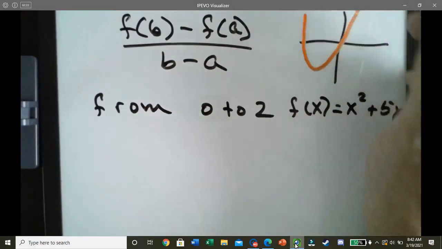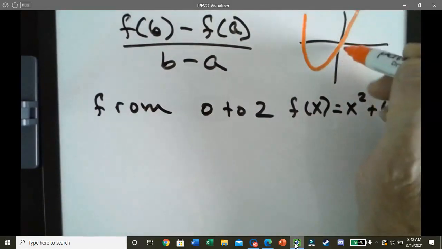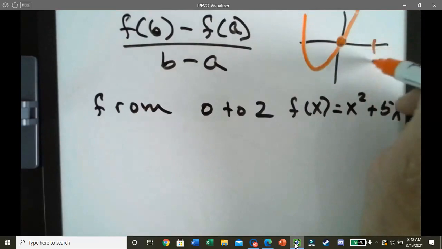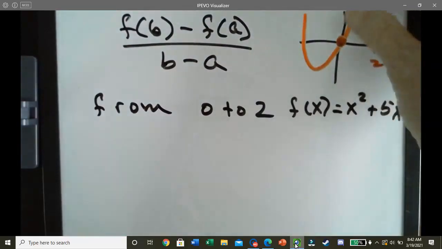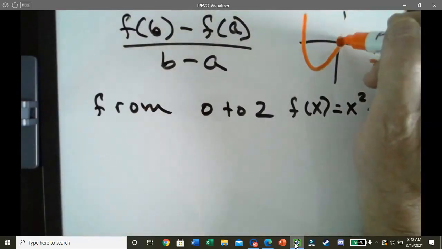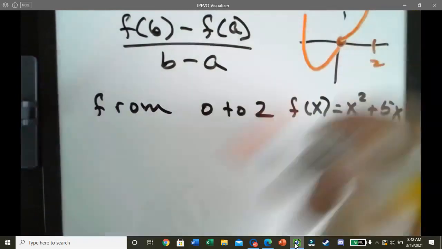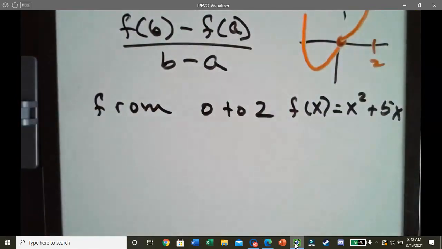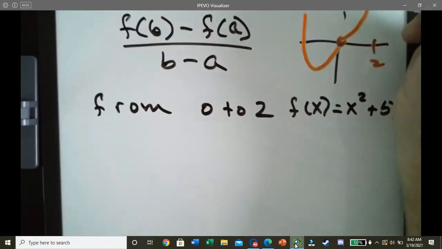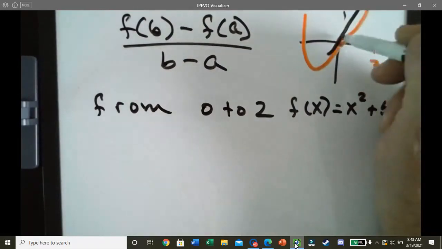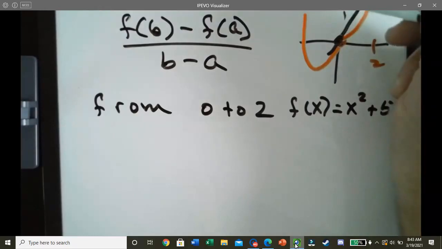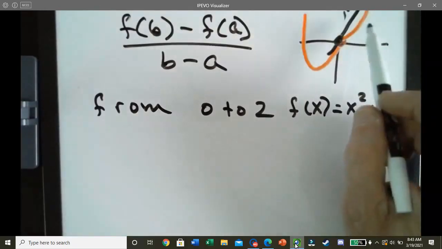And we're saying we want from 0 to 2. And this is going to be a curve. If you were to draw a line, we want to know the average rate of change.